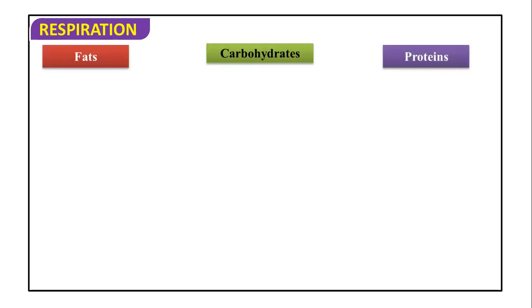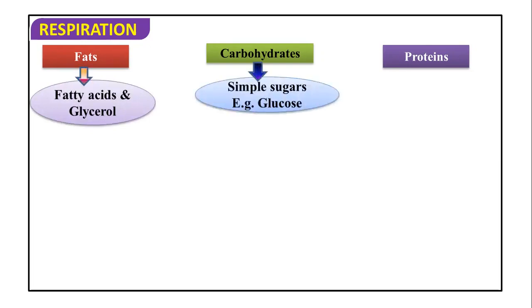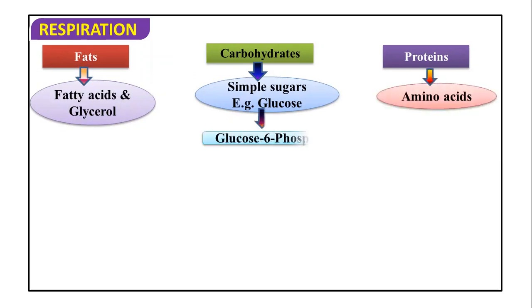So if you want to understand what amphibolism is, then we know that there are three substrates, that is carbohydrate, fat, and protein. Fat gets converted into fatty acid and glycerol. Carbohydrate gets converted into simple sugar, that is glucose, and proteins get converted into amino acids. Now, first of all, carbohydrate is the preferred substrate.